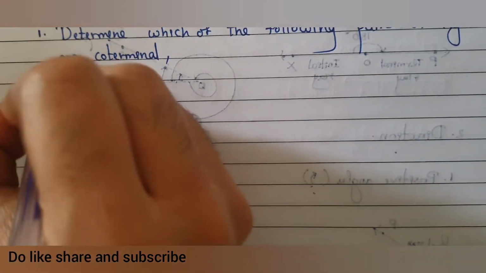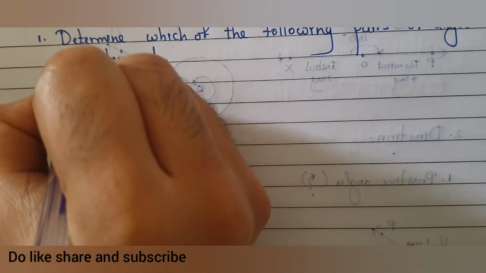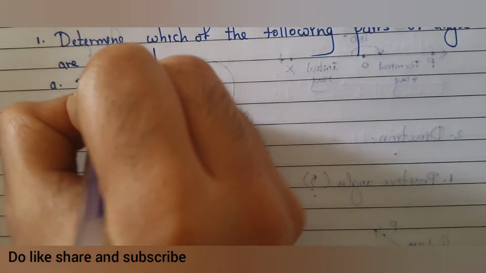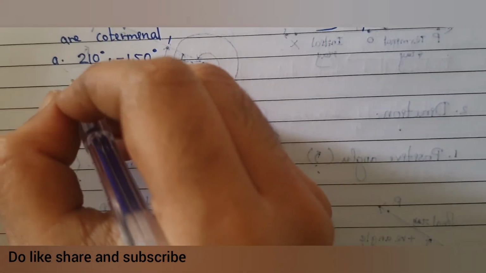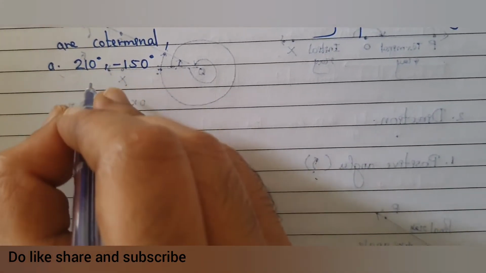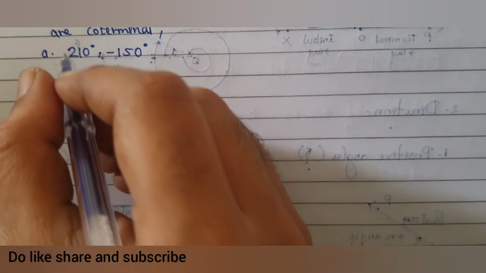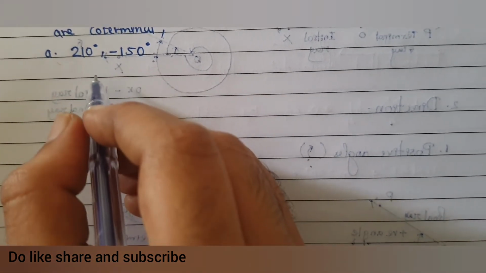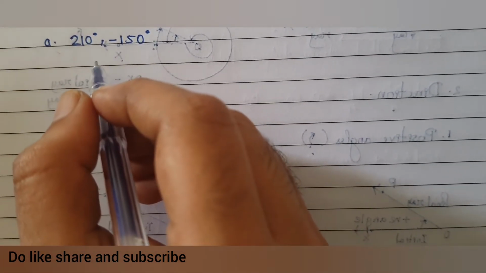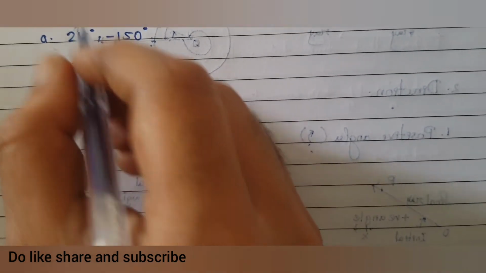See, we have a sub question 210 degrees comma negative of 150 degrees. So the addition of these two angles should be a multiple of 360. If it is a multiple of 360, then we are having coterminal angle.